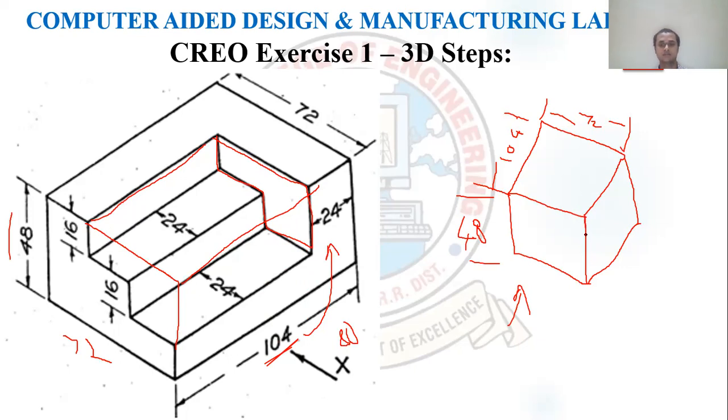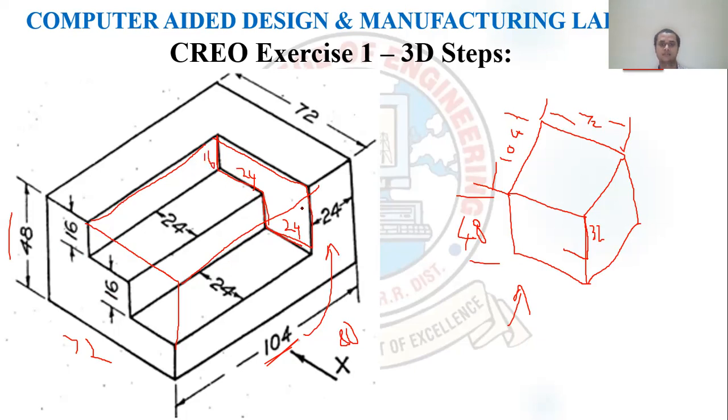From this edge, you can give a depth. This is 16 depth and this is 16 depth, so the total becomes 32. Here I will draw a 32 line, and from here I'll give a distance of 24 and 24. This vertical distance comes as 16.